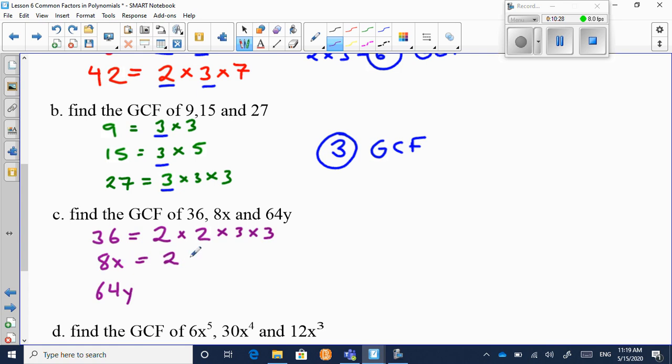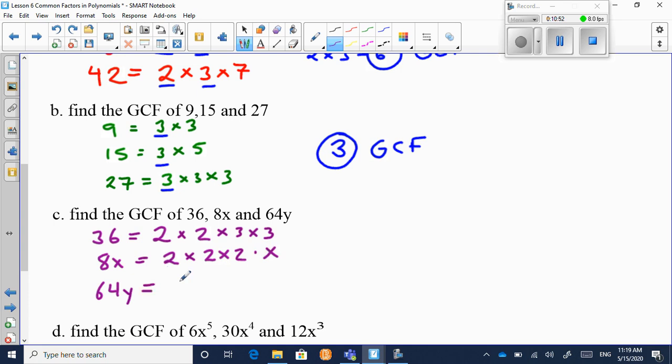It's 2 times 4, which is 2 times 2. And I know that my times here are a bit confusing, but look what I'm going to write. It's times x. I'm going to use a dot here just to differentiate between the multiplication.